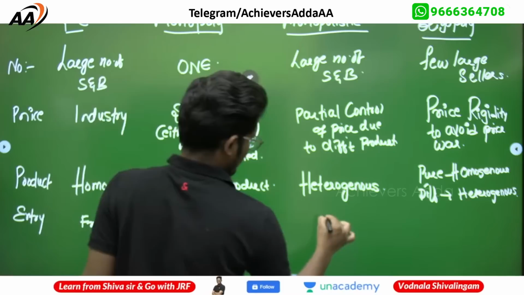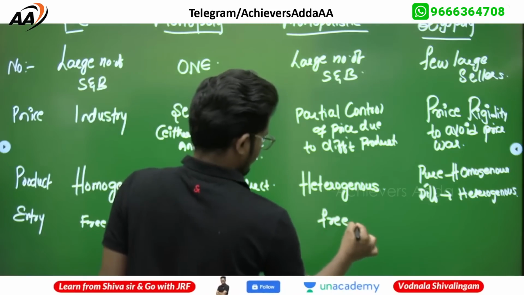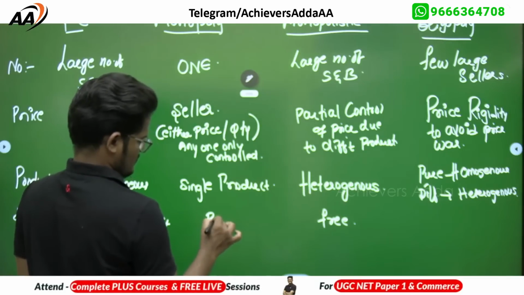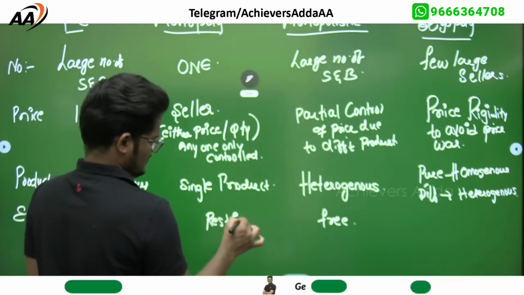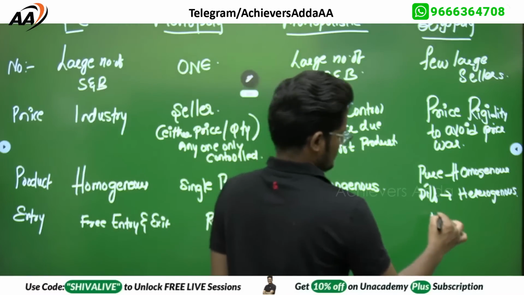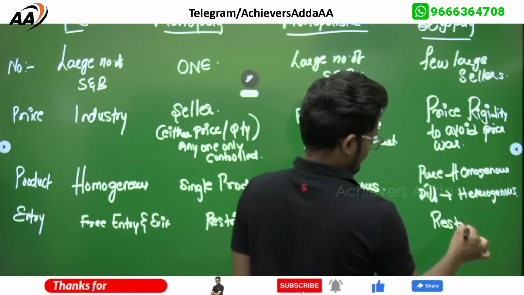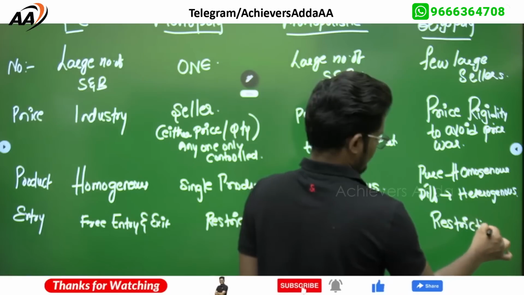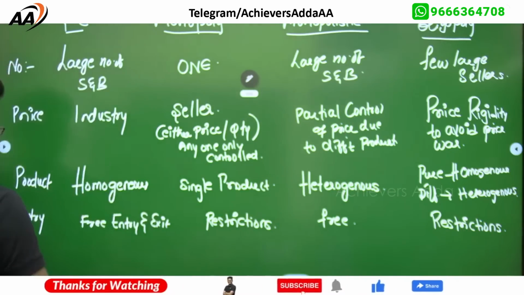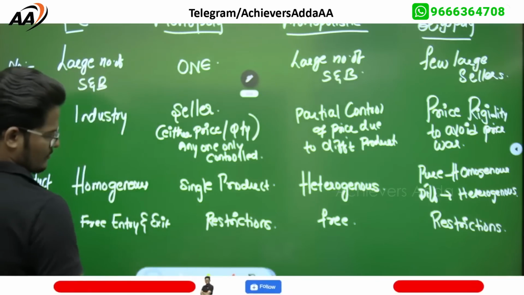Here also free, but here and here, there is restriction of entry and exit. Here also there are restrictions on entry and exit, not free. Next, to what?